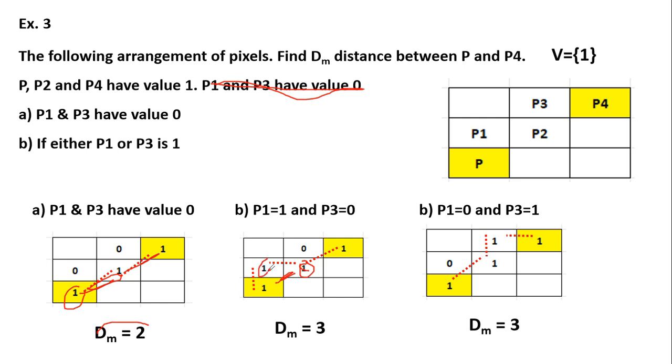So we are taking 1, 2 and 3. Next is P3, we keep it 1, and this is 0. Here we can take this path directly because their intersection is empty, but after that we can't take this path. So we need to take this path and this path. So again the distance is 3.